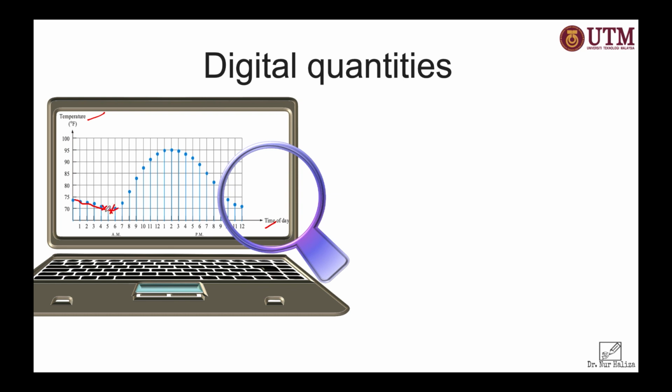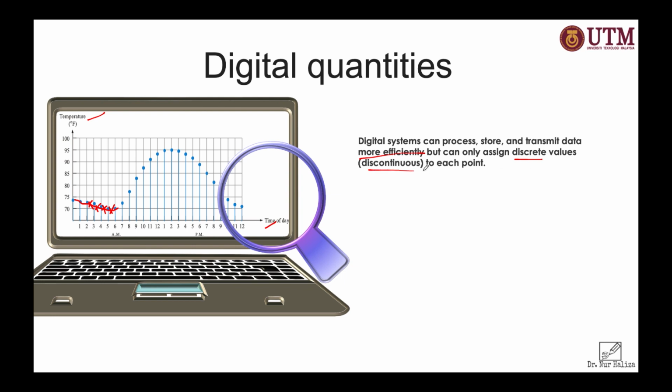There is discontinuity, not connected to each other, and this is called discrete. Let's look at the meaning of digital. Digital systems can produce, store, and transmit data more efficiently. This is another keyword, but they can only assign a discrete value, which is discontinuous, to each point.